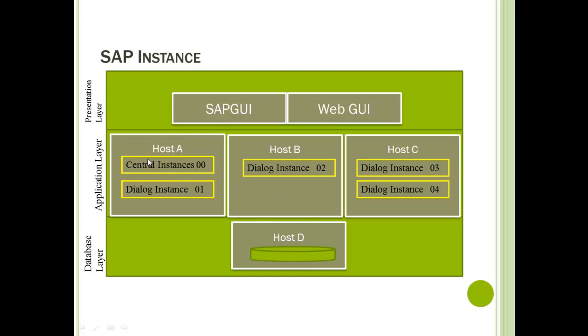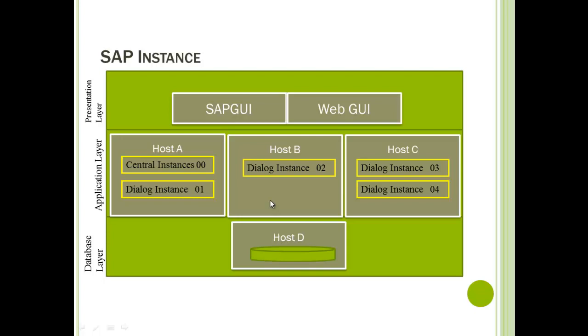It is one of the controlling bodies of the entire application layer, which has the message server and the enqueue work process. The enqueue work process handles the locking mechanism of the database. The message server is the central controlling body of the entire application layer. This is for the ABAP stack.